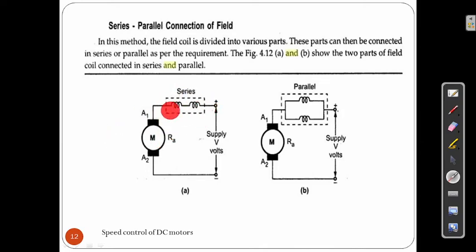Here it is in series, and here the field is in parallel. If we give the supply, the current gets divided, some current flows here and some current flows there. With the current flowing in the upper and lower parts, we get the control of that particular motor.